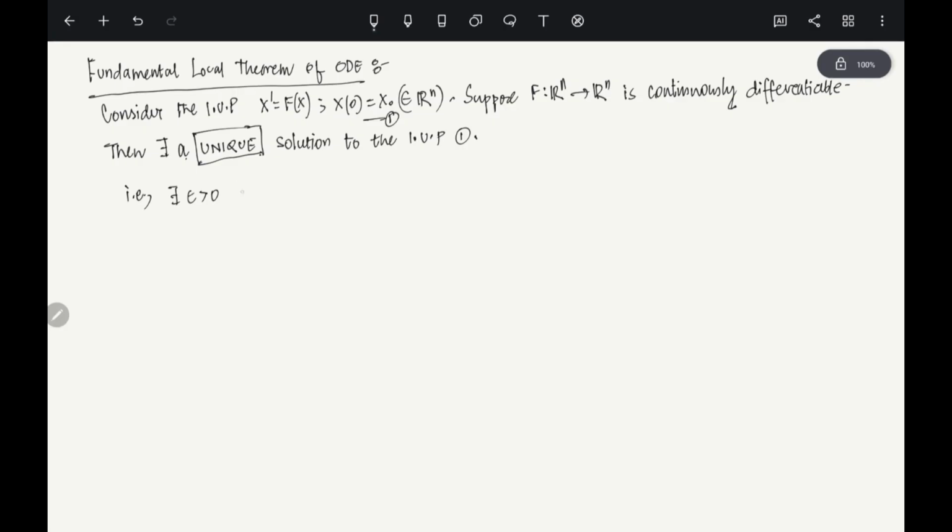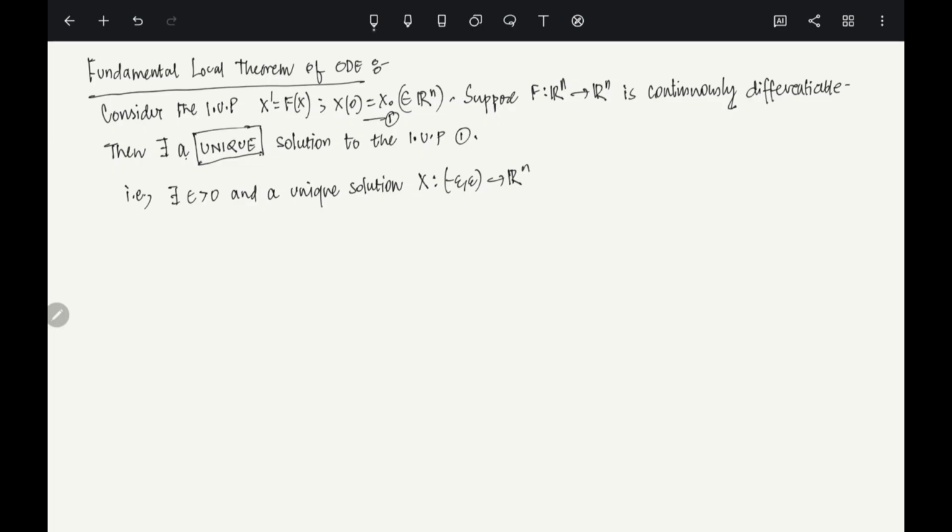There exists epsilon positive and a unique solution x from minus epsilon to epsilon to Rn. Clear? So you see, I am looking for a solution.